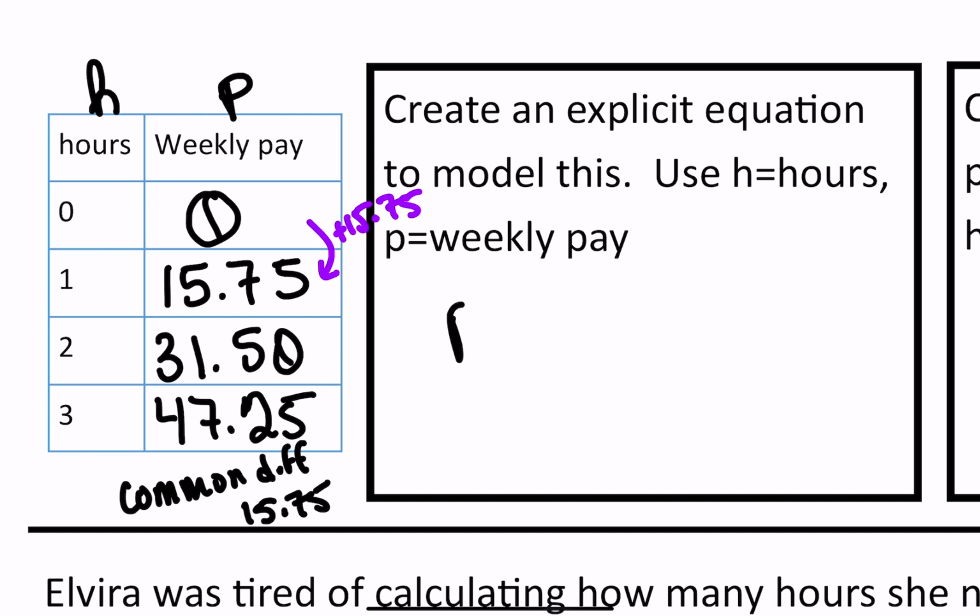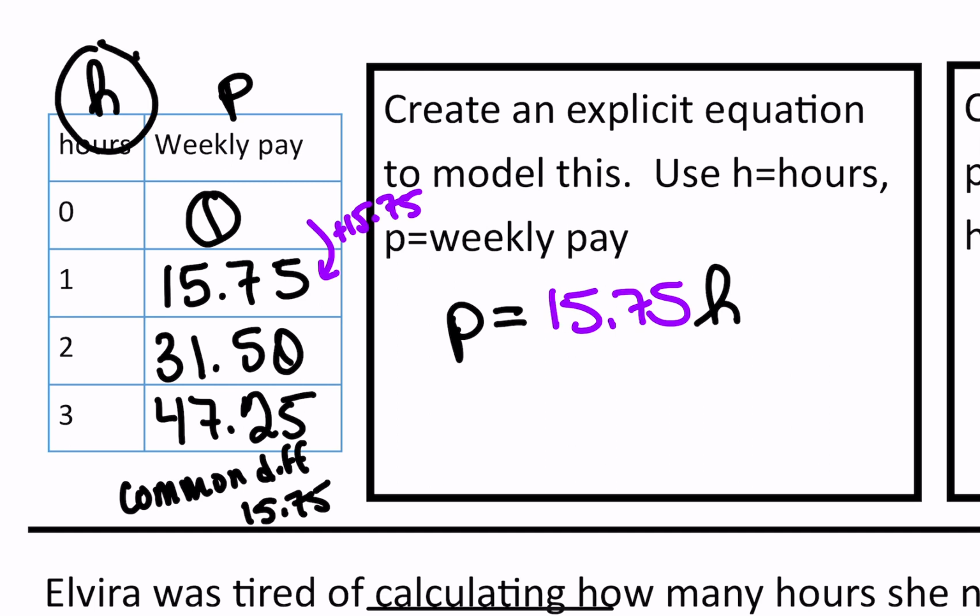Well, pay is the amount we get if we take 15.75 and multiply it to how many hours we work, okay? So this variable here is what gets multiplied to the math we do down our table, just like before. Remember before it used to be an N? Well, now it's an H.